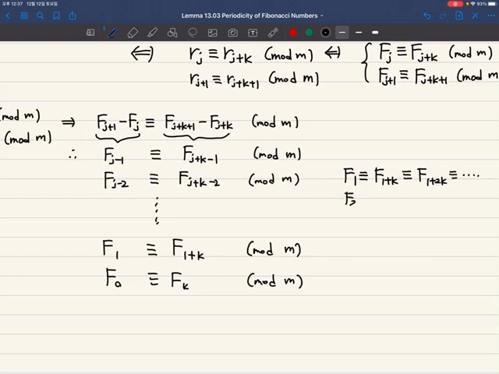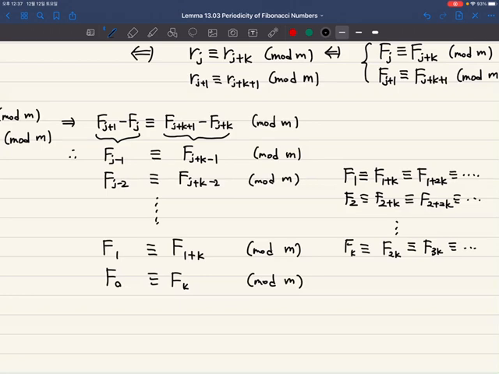This also holds for f2, f2 plus k, f2 plus 2k, all the way to fk. So fk would be equal to f2k, which is equal to f3k, and so forth. So we can see that fn is now periodic.